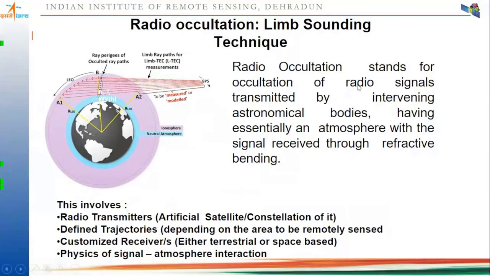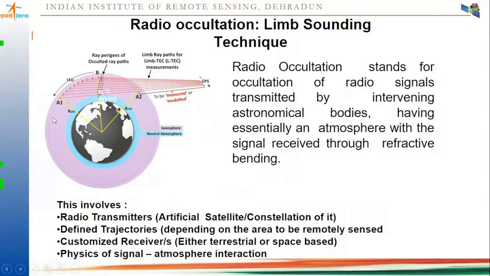So radio occultation stands for the occultation of radio signals. Occultation was in the earlier slide I showed you, and radio occultation stands for the occultation of the radio signal transmitted past intervening astronomical bodies having an atmosphere, with the signal received through refractive bending.